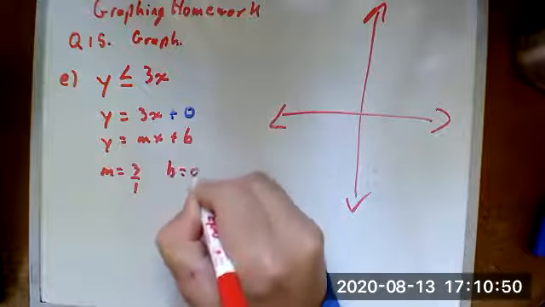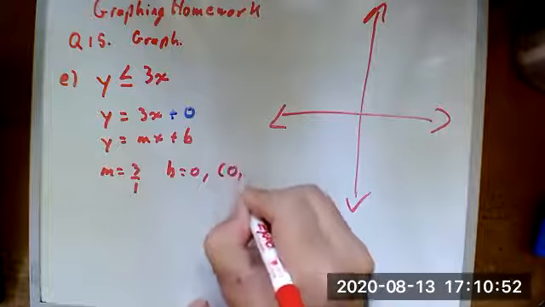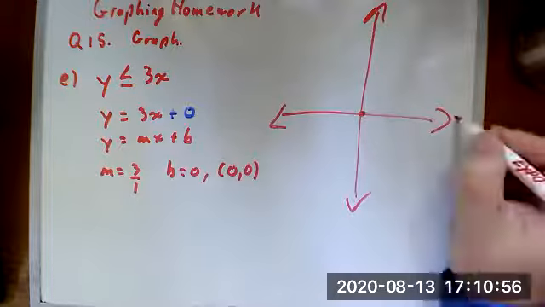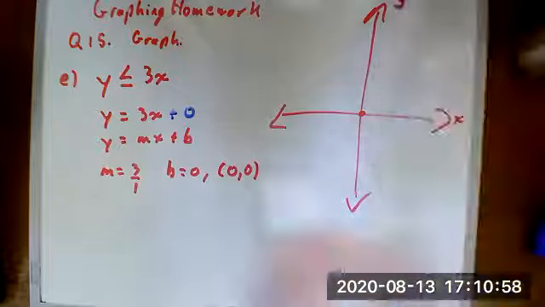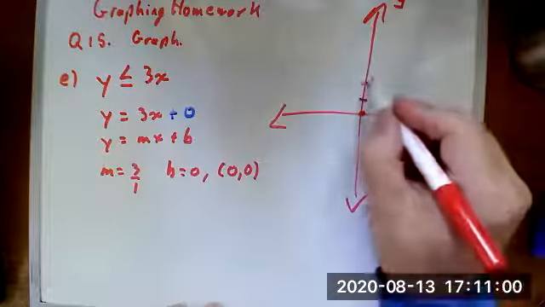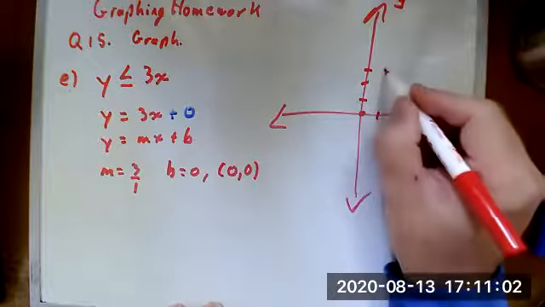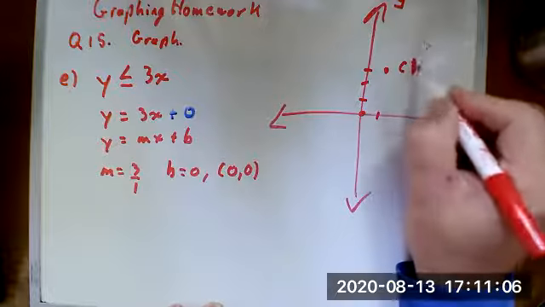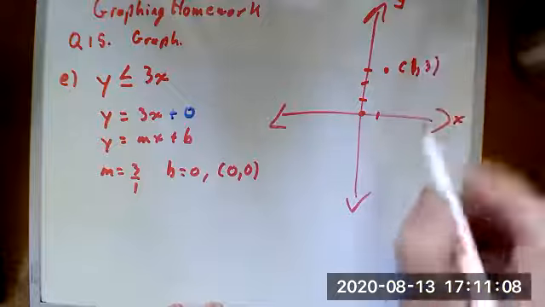Our intercept is 0, also known as the point (0, 0). So, we start at the point (0, 0). I go up 3, 1, 2, 3. I'm going to go over 1. There it is, and I'm at the point (1, 3).